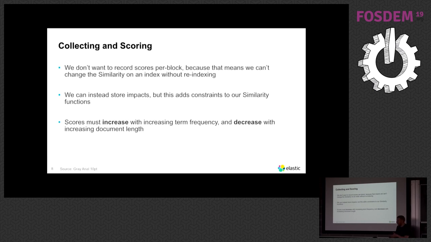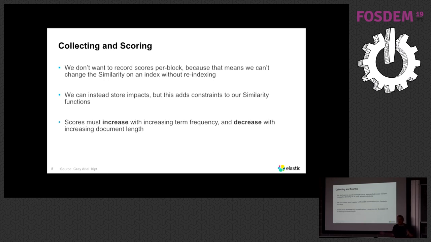So our constraints now are that if your term frequency increases, the score must increase. This is so that if you're going to calculate the maximum score, we're calculating maximum scores from maximum term frequencies. So you need to make sure that those two correlate. And then similarly with the norm, if the norm increases, then the score must decrease.